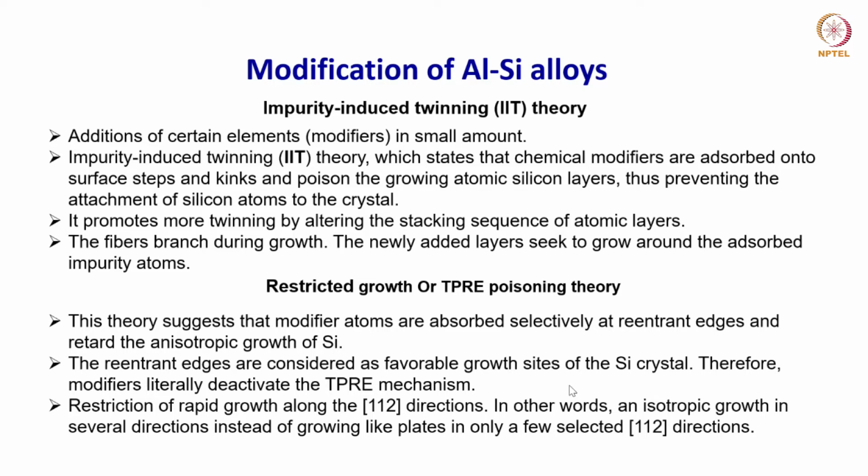Okay, so this is how the addition of impurities or some other elements in small amount can prevent the growth of silicon in a particular direction and modify the morphology.